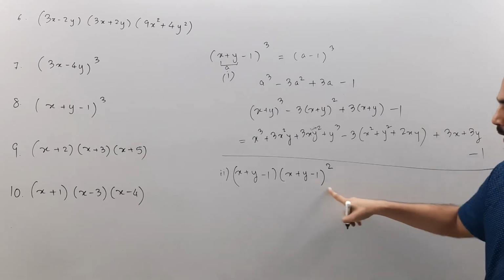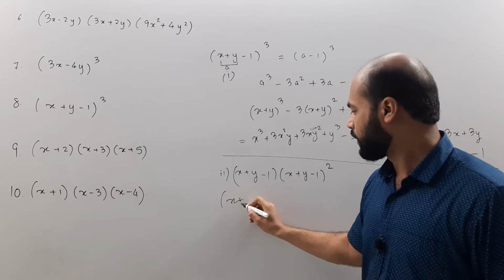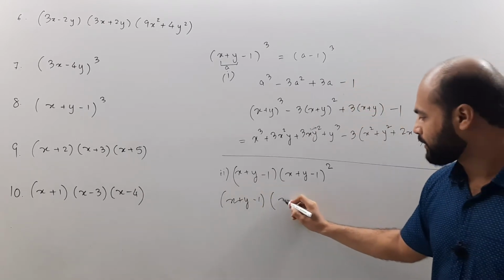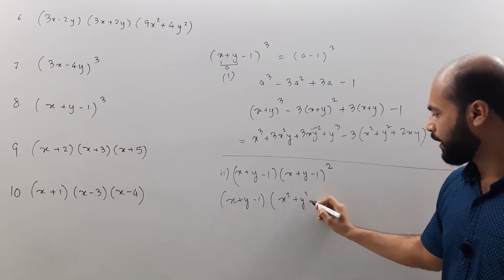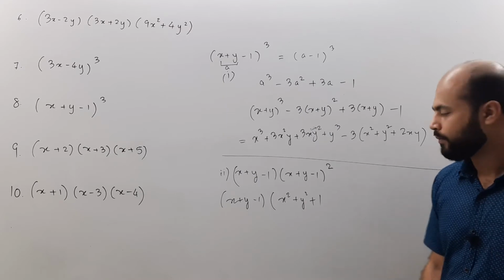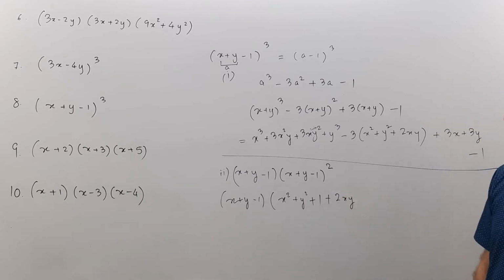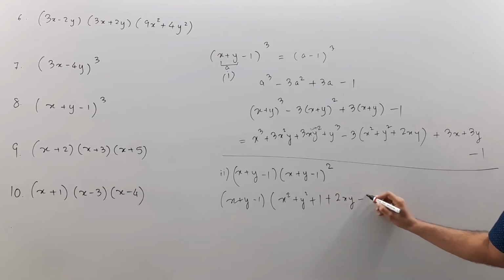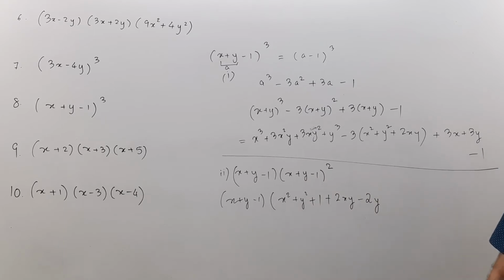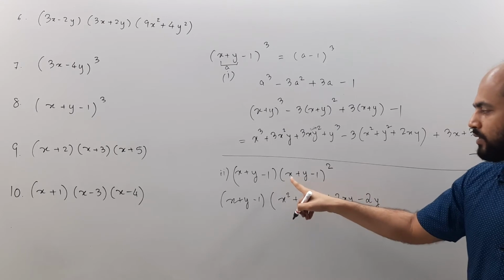Now we can expand this with a given formula, that is, we will keep the first bracket as it is, and this bracket we can write as x square plus y square plus 1 square, that is a square plus b square plus c square, plus 2ab, that is 2xy, then minus 2y, that is 2 times this into this, and then the third one, that is this into this, minus 2 times this into this.